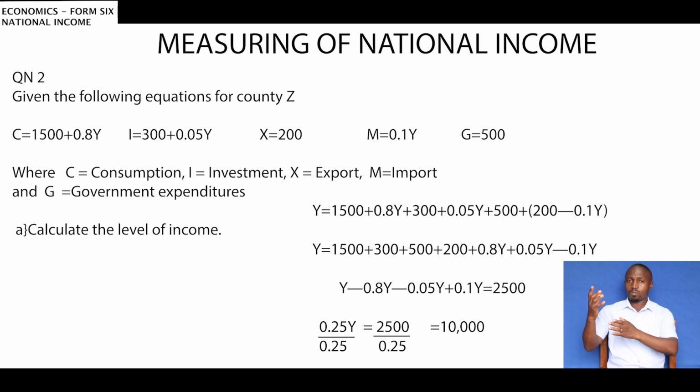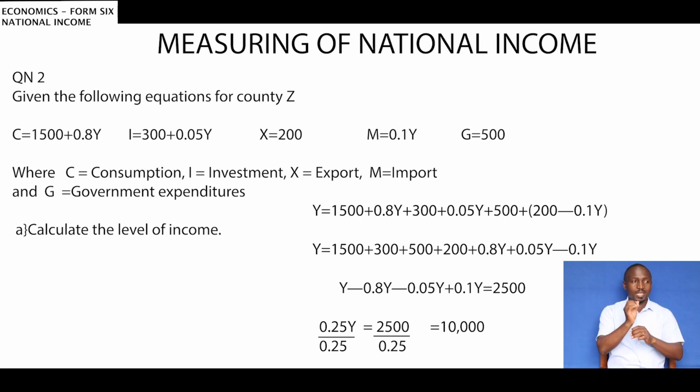So income y, minus 0.8y, minus 0.05y, plus 0.1y, which was supposed to be deducted on the other side. On this side, we add the total of like terms, 1,500, 300, 500, and 200. We get 2,500. Y minus 0.8y minus 0.05y plus 0.1y.